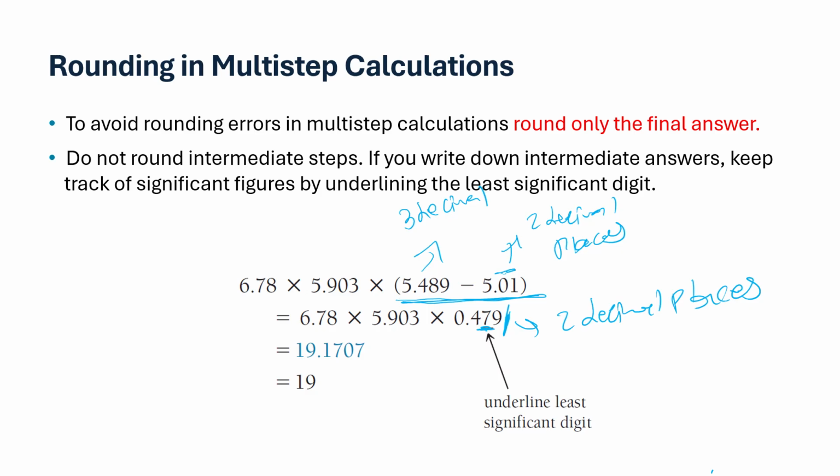After that you multiply the result of this with this one and this one. After you got your final answer, now you need to round it.